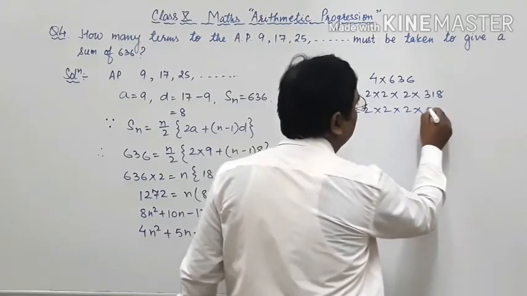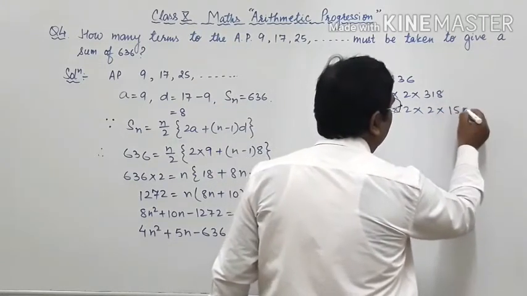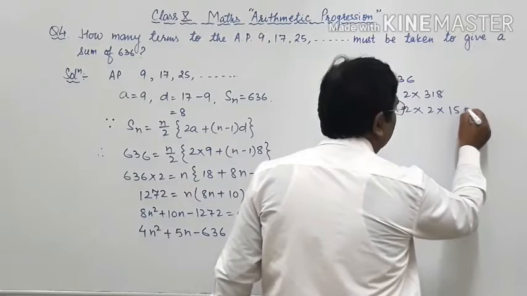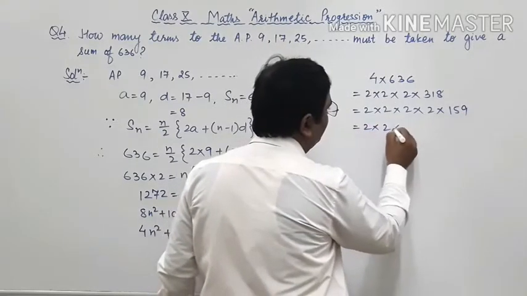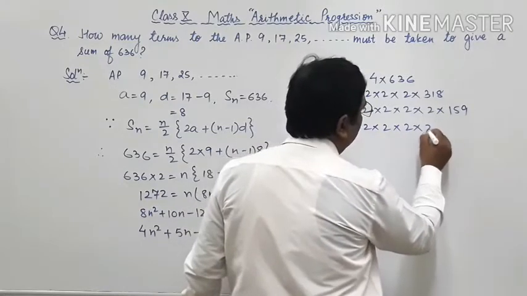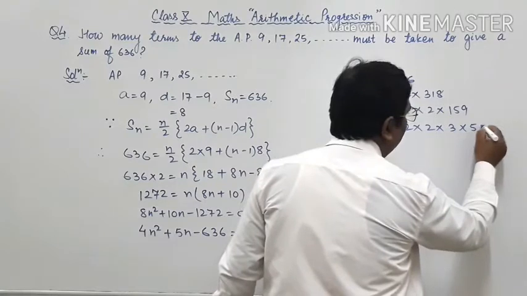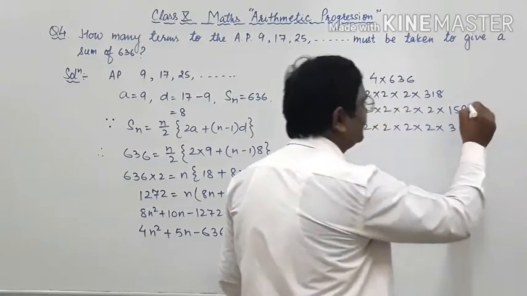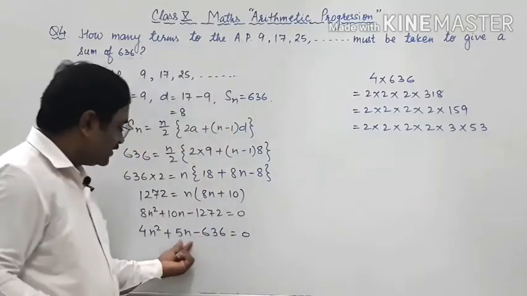again by 2, 2 fives are 10, 2 nines are 18, now by 3, 3 fives are 15, 3 threes are 9, right? So we have to bring this 5n.